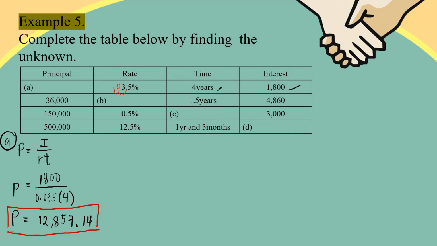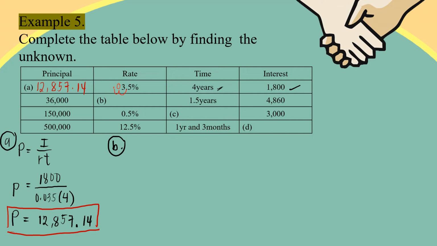Next, yung B naman. Dito, sulat natin 12,857.14 sa A. Yung B naman, hinahanap dyan is si rate. Then, yung given, ang principal ay 36,000 pesos. Yung time is 1.5 years. Then, yung interest ay 4,860.